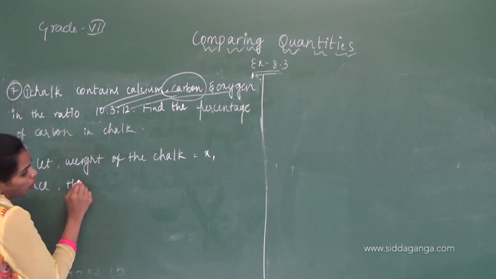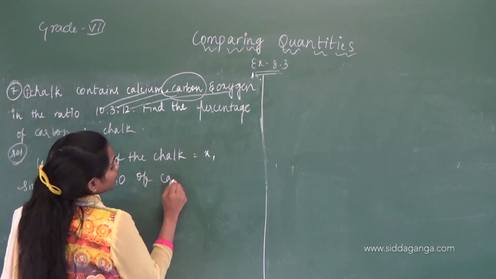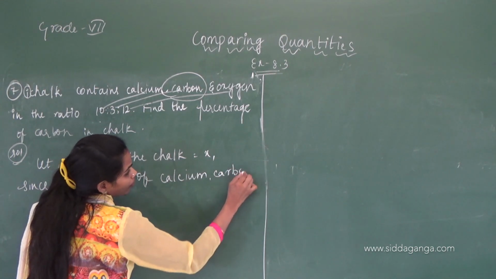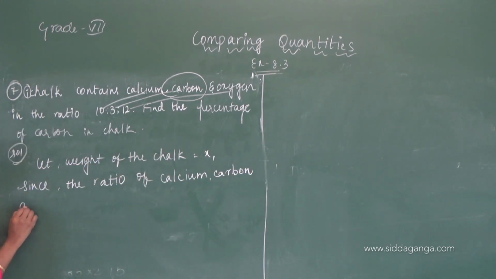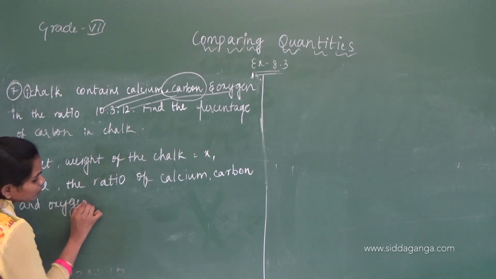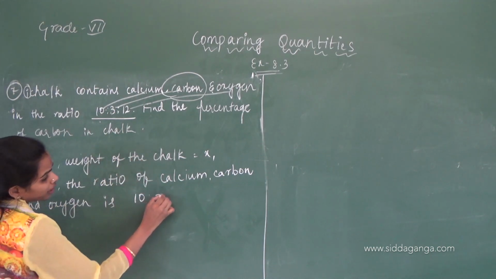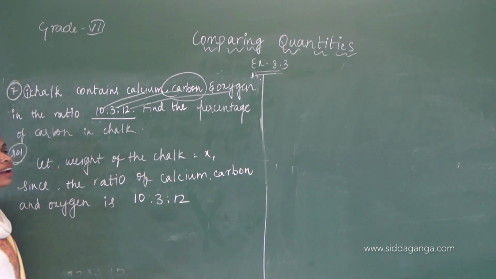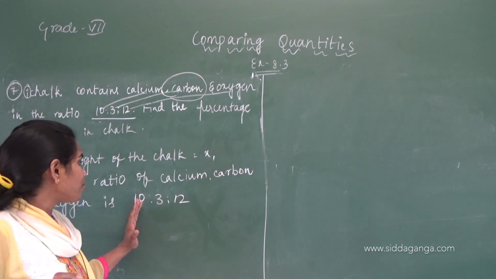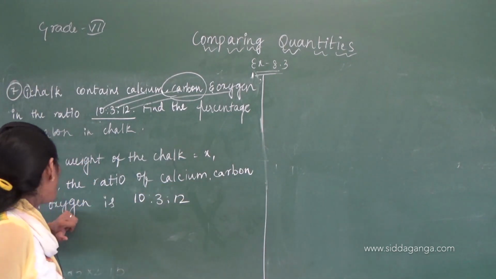Since the ratio of calcium, carbon and oxygen is 10:3:12 respectively. That means calcium 10 ratio, carbon 3, and 12 oxygen.